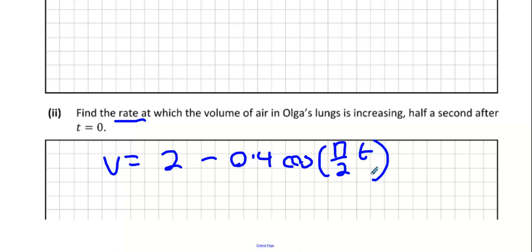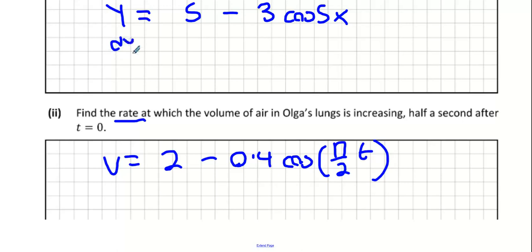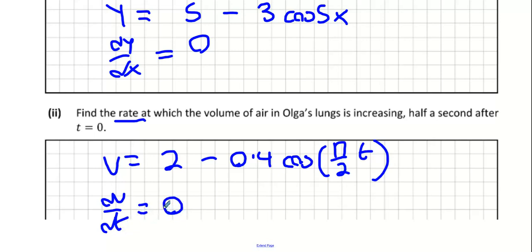Okay, let's do an easier one than that. What happens if I said y equals 5 minus 3 cos 5x? How would we have done that? Okay, what happens to 5? Gone. What happens to 2? Gone. Agreed? What does cos change into? Just double check that. Differentiation and not integration.